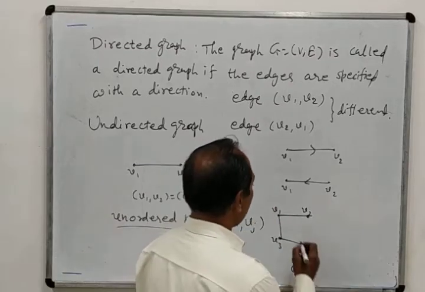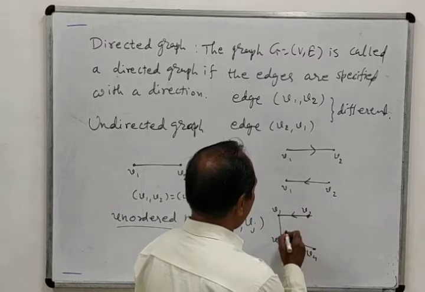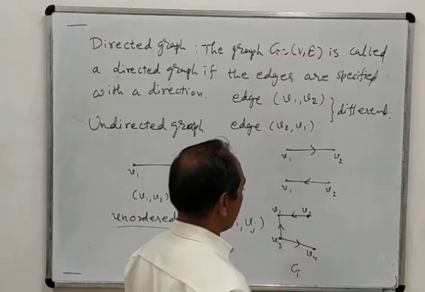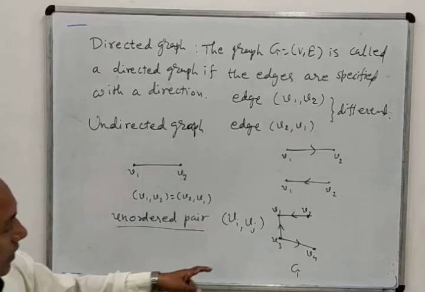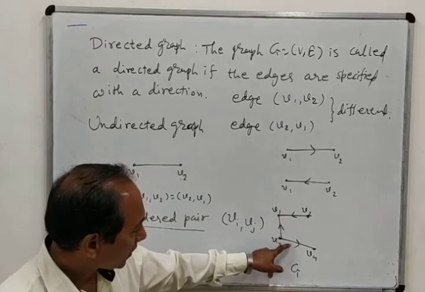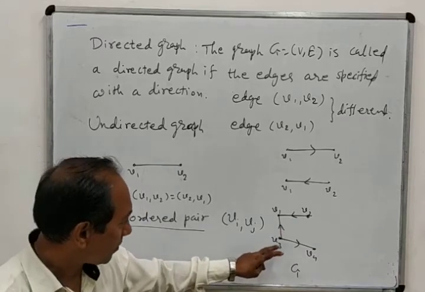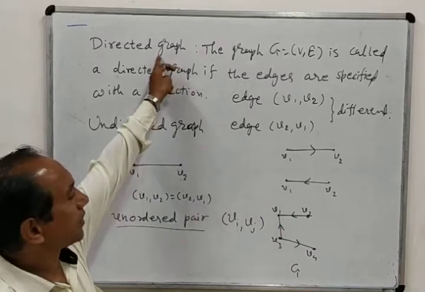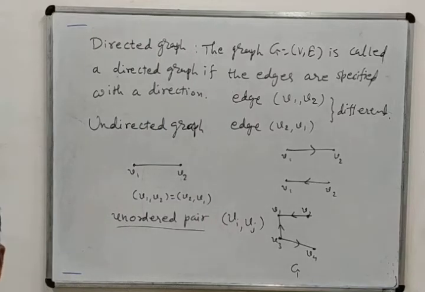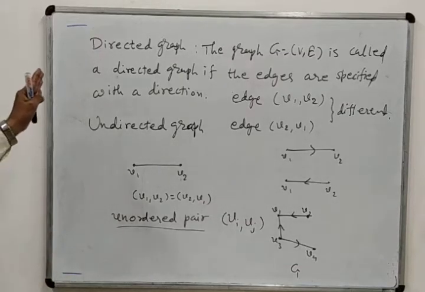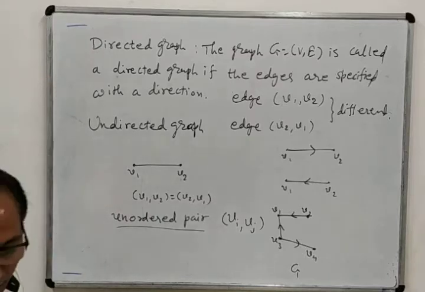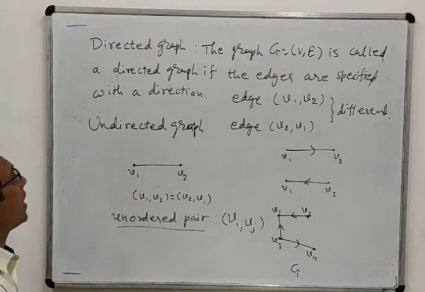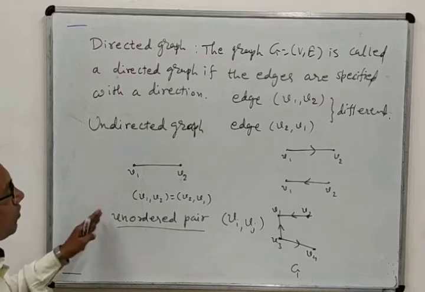But if I specify the direction of the edges in this way, then in this graph G the directions have been specified. So this is known as a directed graph. This is the basic difference between directed and undirected graphs. We will see more details on directed graphs later on. Till then, understand the concept of directed and undirected graphs, and note this down.